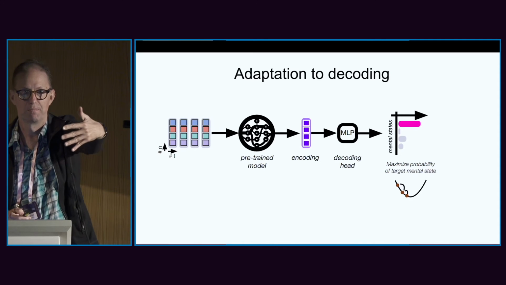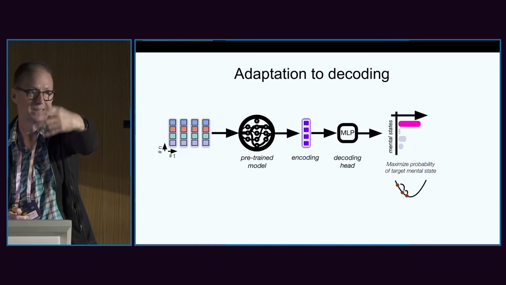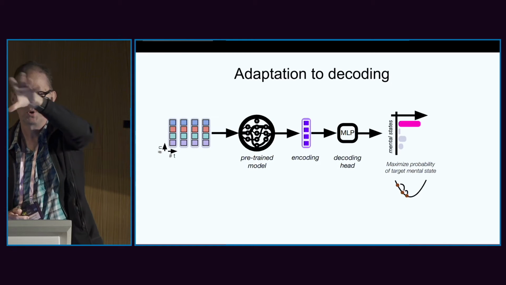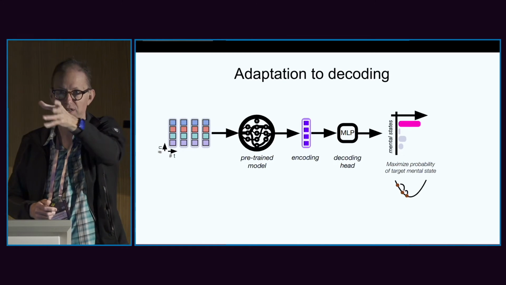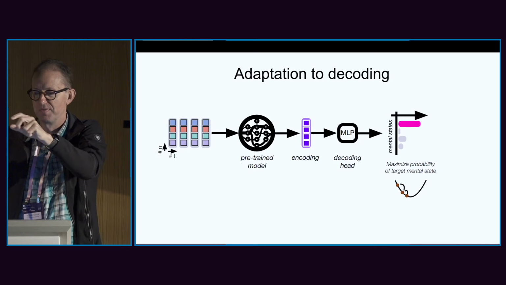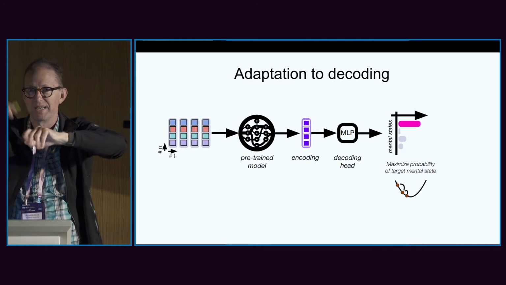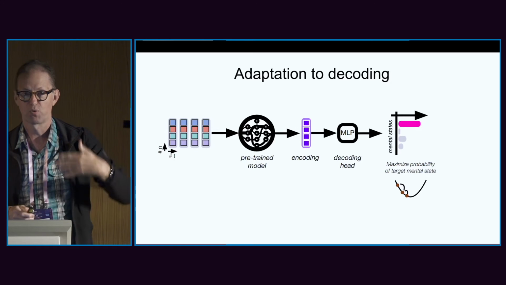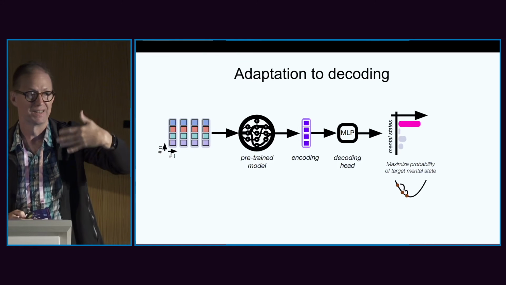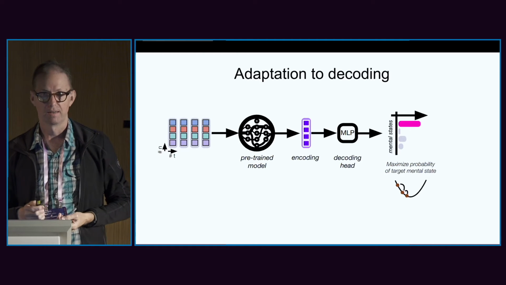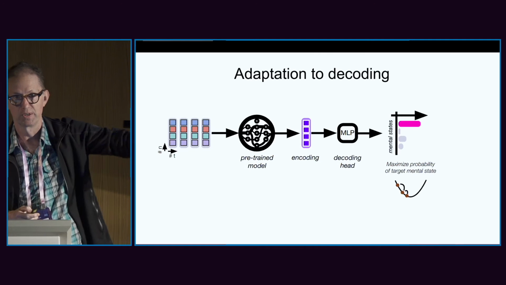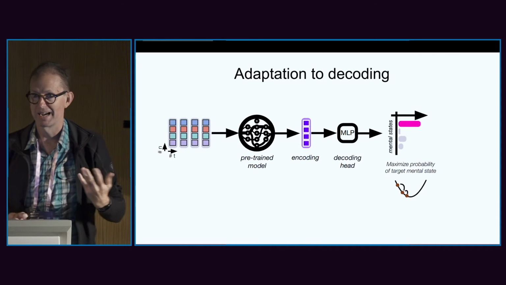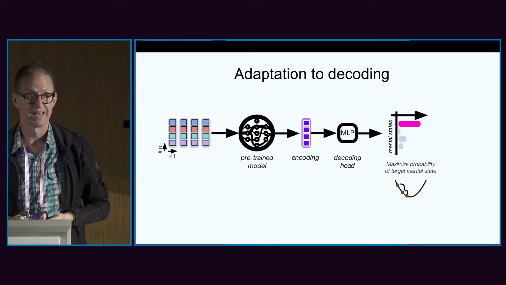It gives us out its encoding of the data. And then we just put a multi-layer perceptron on top of that, just a small neural network that learns to map from that encoding into one of 20 or 26 different mental states. And we just train now to maximize the probability of giving us the correct mental state. So we get a probability for each one. We do a softmax over that to get its decision. And we just want to maximize the probability of getting the right thing during training.